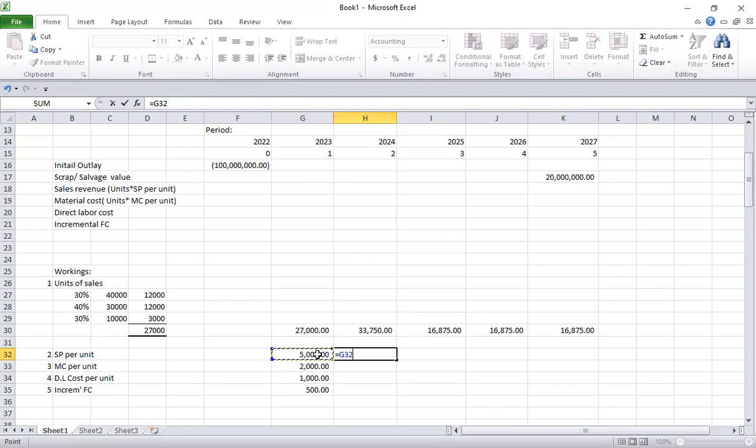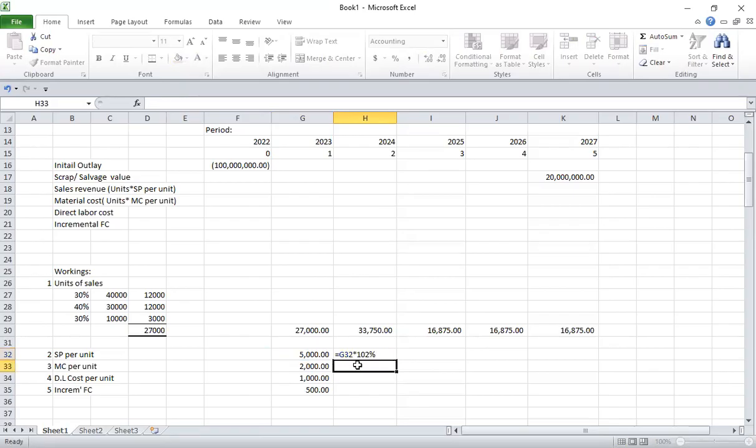And how much inflation do we expect on selling price? We expect an inflation rate of 2%. That means we increase the price for year one by 2%. So that means we multiply by 1 plus 2%.